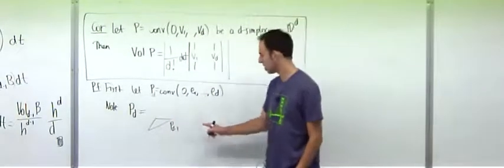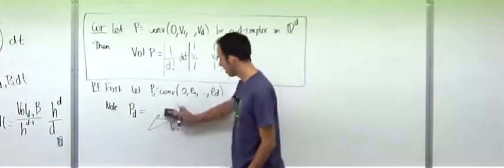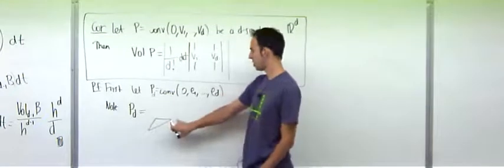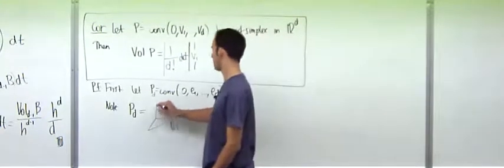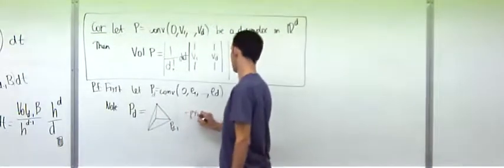So these are 0, and the first d minus 1 unit vectors, and then the last unit vector is going to be the apex of the pyramid. So this is the pyramid over P_(d-1).